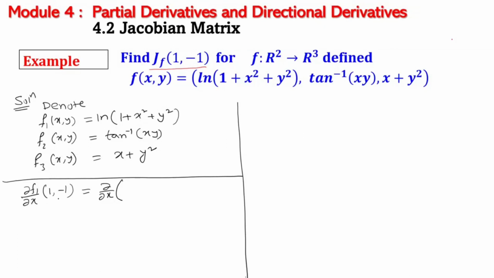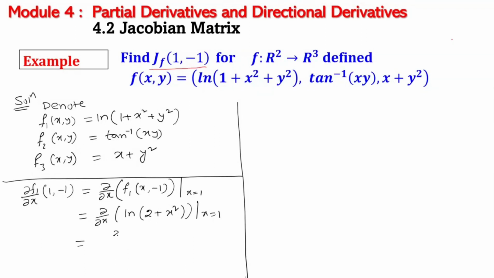Since we are taking the partial derivative with respect to x, we keep x as the variable and fix y as -1. This is equal to del x of ln(2 + x^2) at the point x equal to 1.